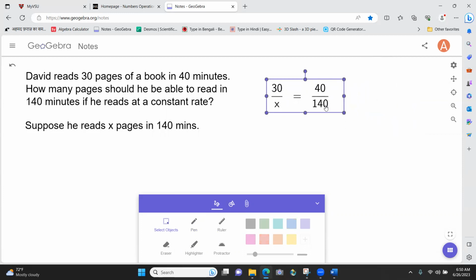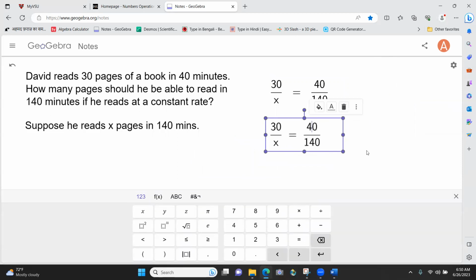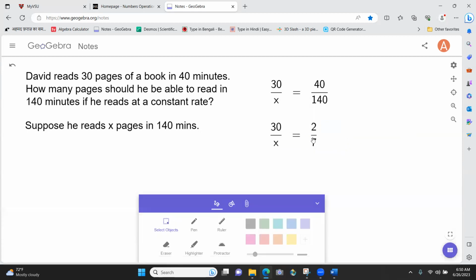Now I have to solve for X. I'm going to show you all the steps, and I will divide this by 10. You can cancel the zeros, or you can say you divide both top and bottom by 10. Divide the top by 2, you're going to get 2. Divide the bottom by 2, you're going to get 7. Now remember cross multiplication.